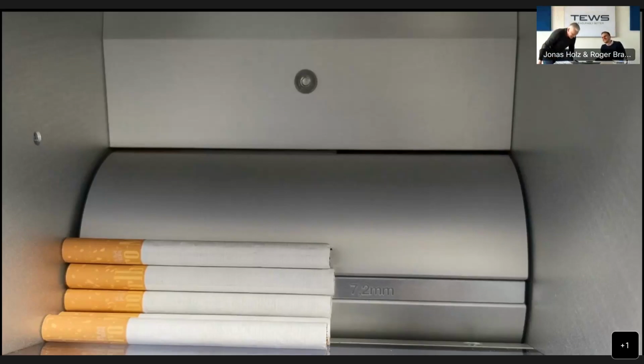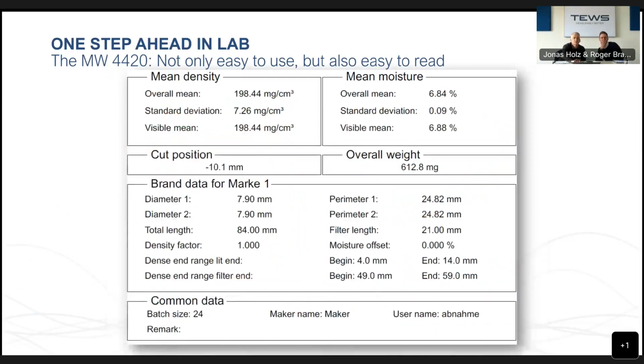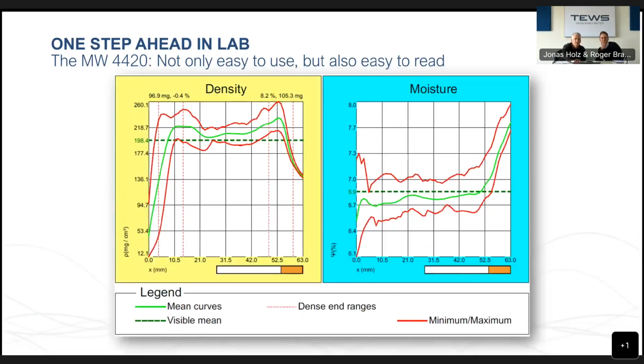Next question. Yeah, there's a question about the colored lines on the graphs. In this case, we had, I think, 24 cigarettes.